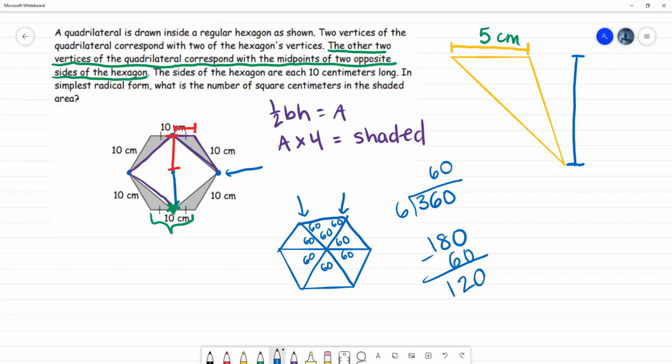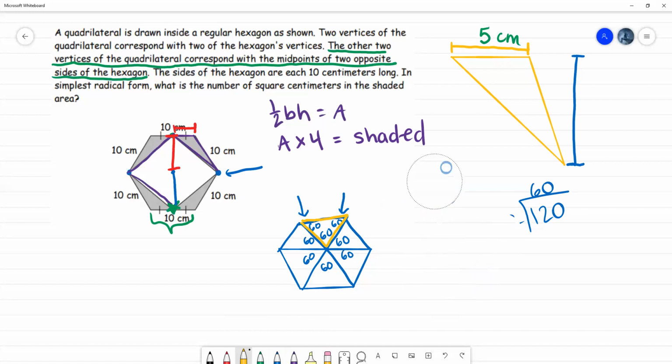Then using 120, we divide that by 2 to get 60. And that's how we know that these triangles are equilateral triangles. Equilateral triangles have all their measures at 60 degrees.